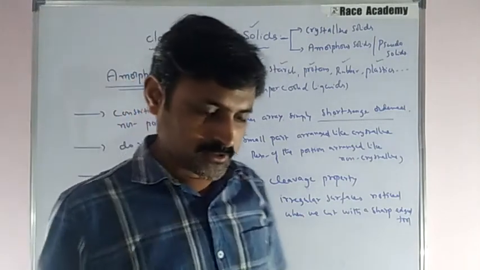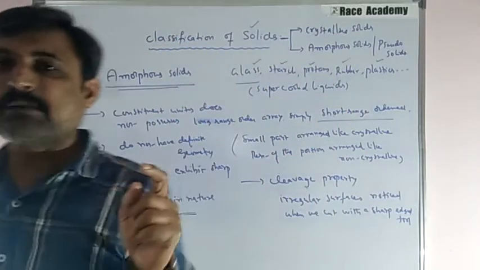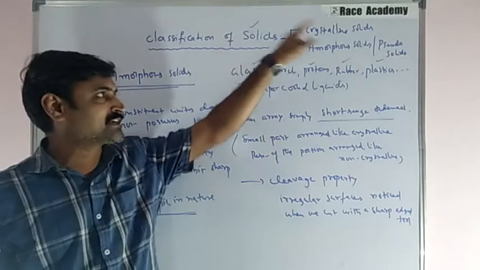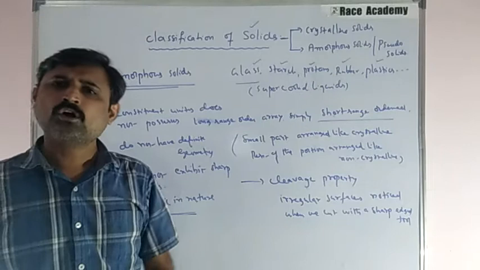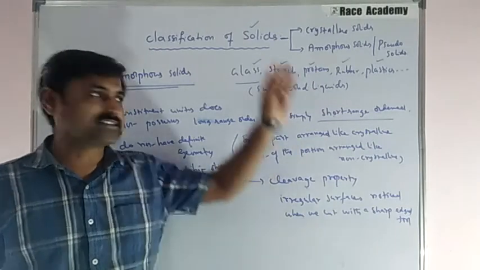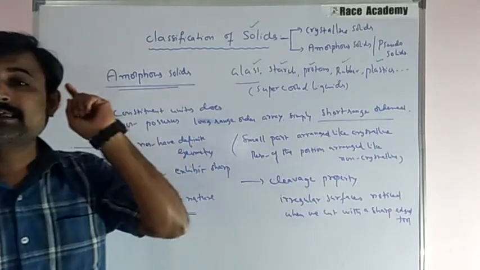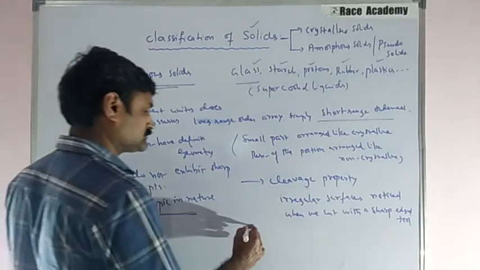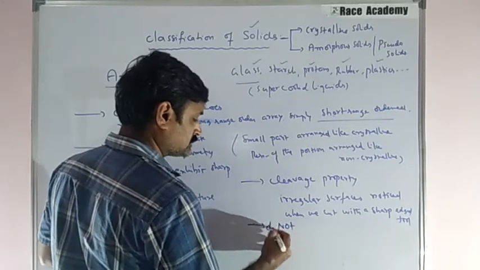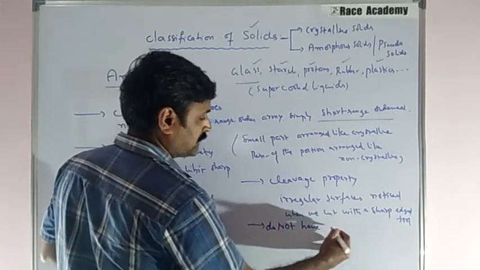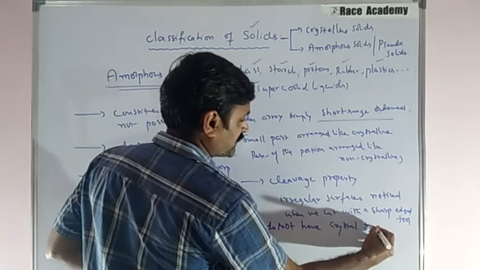Talking about the symmetrical property, as we have discussed the symmetry of crystalline solids, crystalline solids exhibit symmetry. Quite opposite to them, amorphous solids do not have any crystal symmetry property.